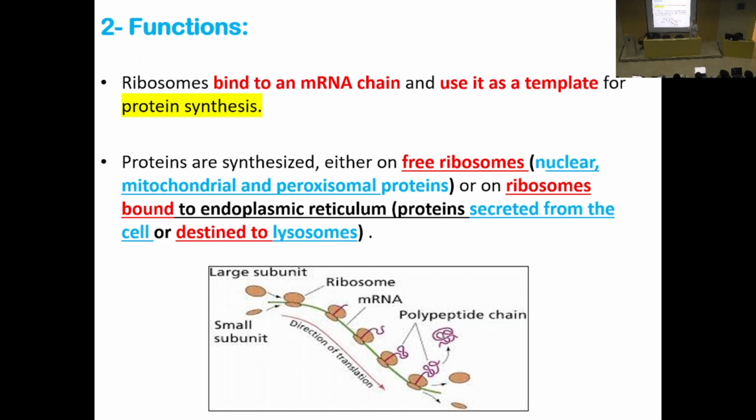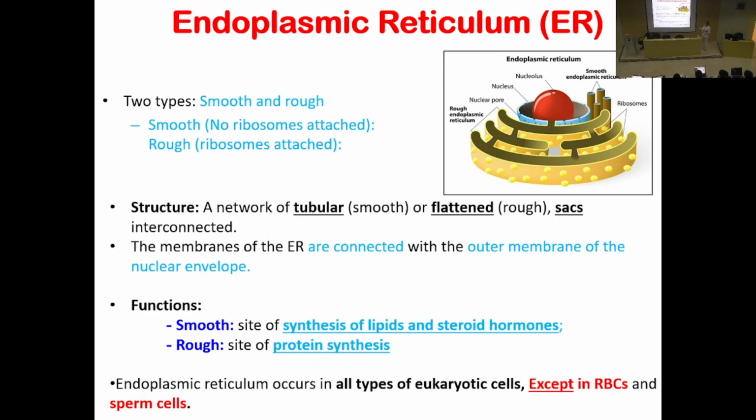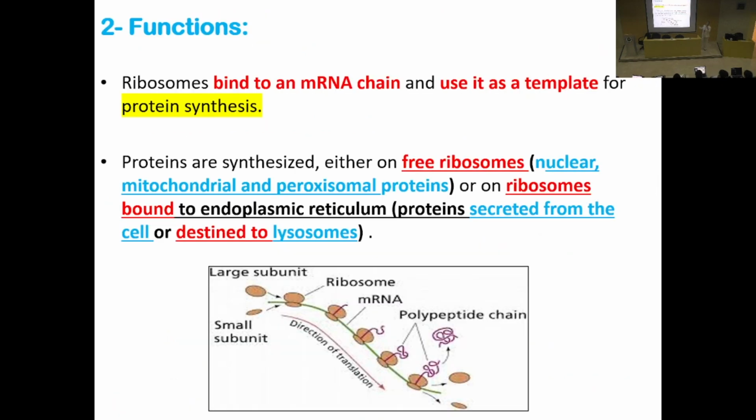But the most important thing is that when you have free ribosomes, the proteins that will be synthesized go to their destination, either the nucleus, or the mitochondria, or the peroxisome. The destination differs.